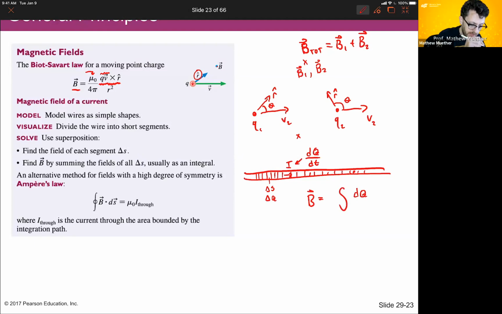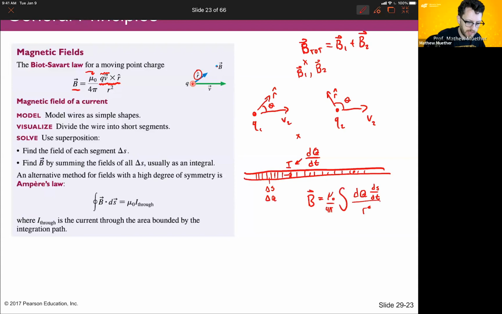The velocity is going to be encoded in the current there; it's going to be something like ds over dt. And then I'm going to have physical constants, r squared, mu naught over 4 pi, etc.